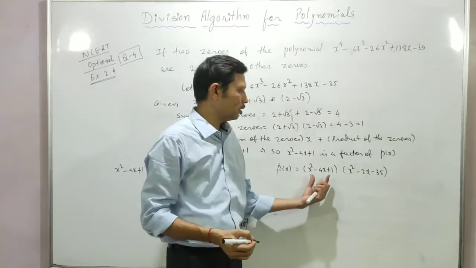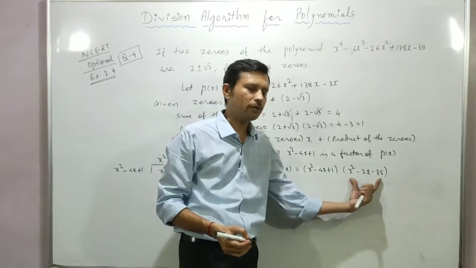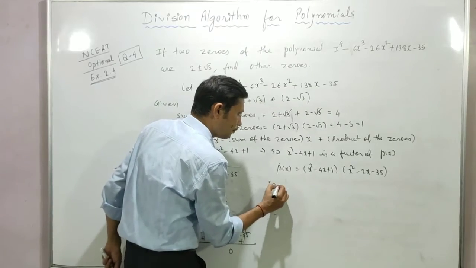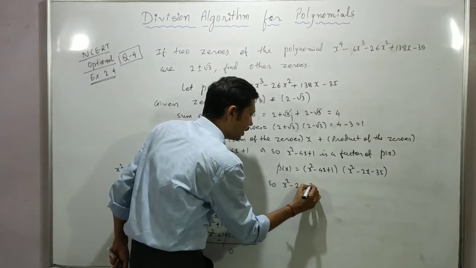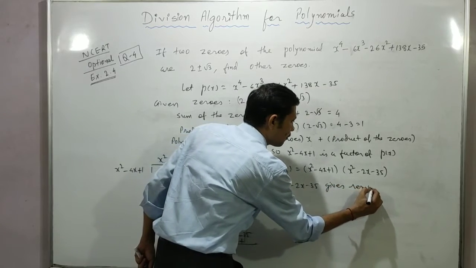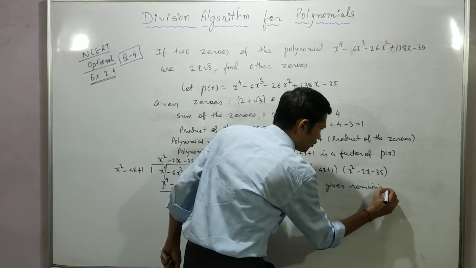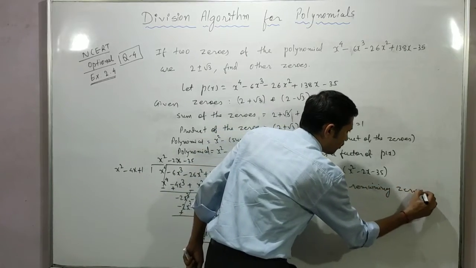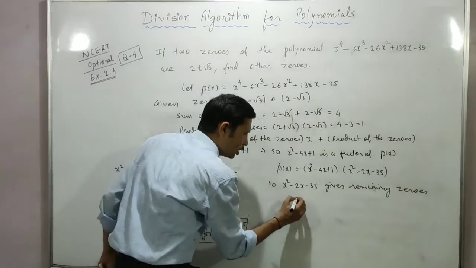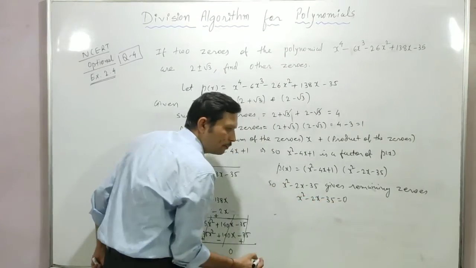Okay, and this one was already given to us from our zeros, so this one gives the remaining zeros. So x square minus 2x minus 35 gives the remaining zeros. Now to find the zeros, we simply have to set this polynomial equal to 0 and do the factorization.